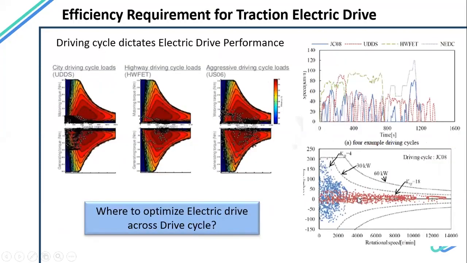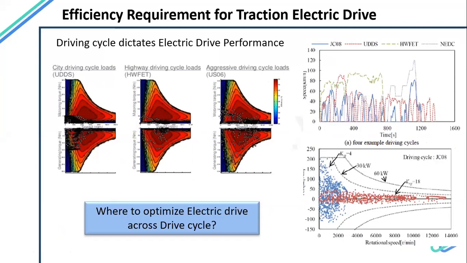Another aspect is efficiency. Traction requires different drive cycles. We have city drive, highway drive, aggressive drive, urban drive, rural drive.